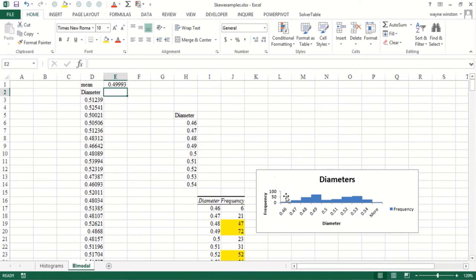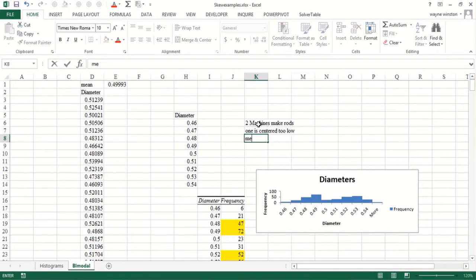Okay, and what you see here is really sort of two distinct sets of data. You see a peak around 0.48 and 0.49 inches, and a peak around 0.52 and 0.53 inches in diameters. And what this probably means is there are two machines making the rods, two different populations, and one is centered too low.